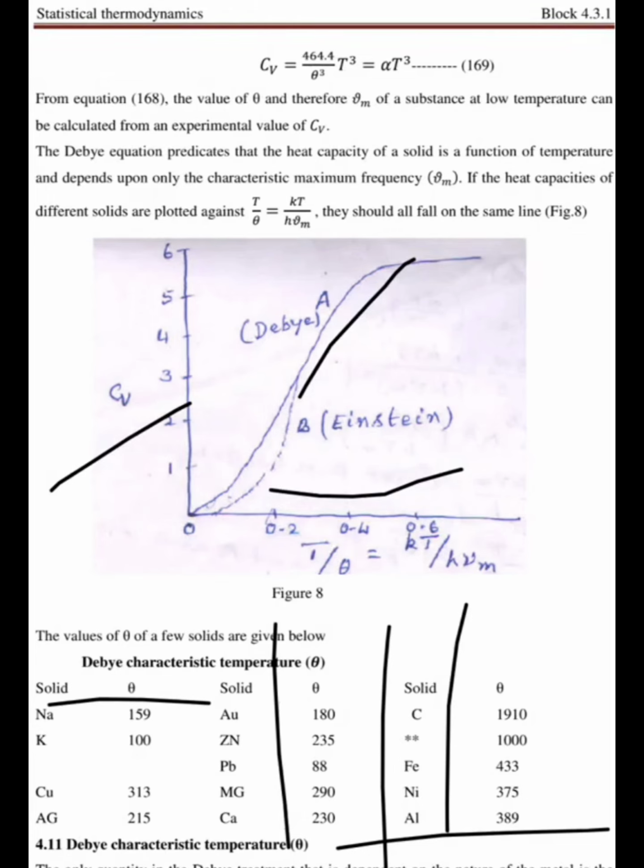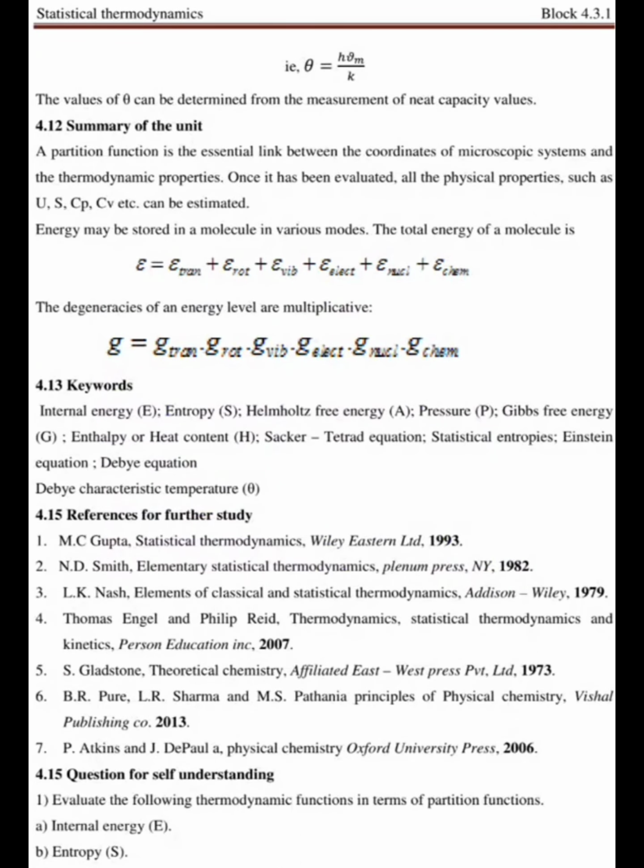So it is related to the characteristic maximum frequency, and the energy may be stored in the molecules. So θ is equal to hν m divided by k. The value of θ can be determined from the measurement of heat capacity values.